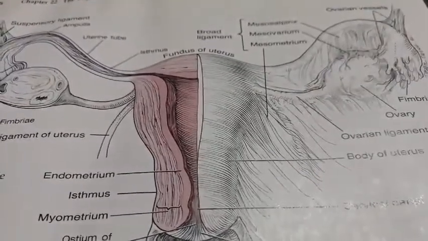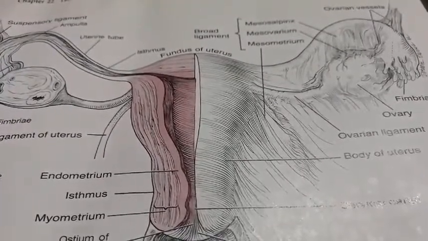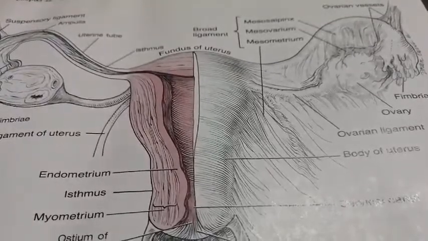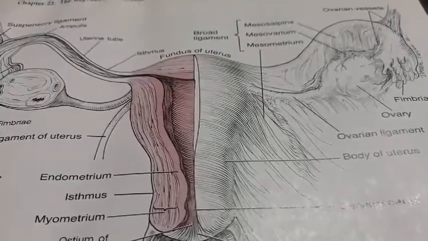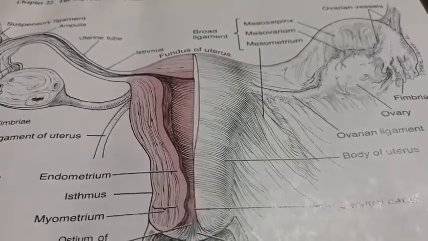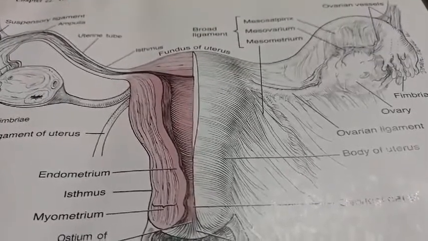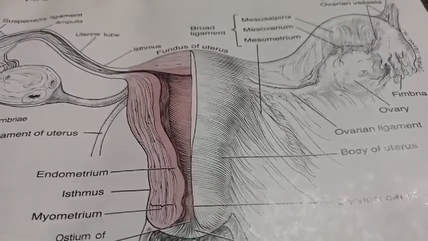They are lying in the pelvic cavity, held against the lateral walls of your uterus, isn't it? By your ligaments, isn't it? And these are the major ligaments, ovarian ligaments. Can you see? They are holding them with the uterus.